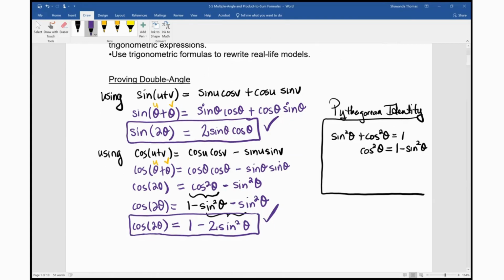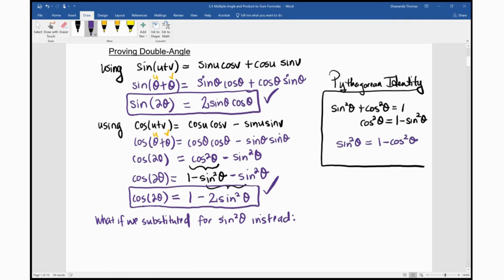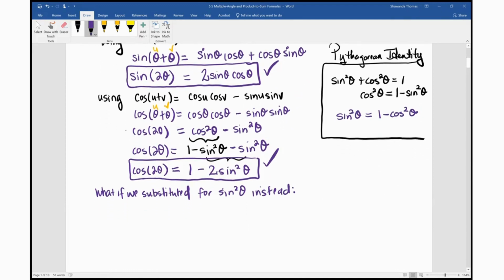All right. What if we substituted for sine squared theta instead? Let's see what we'll get. So we want just sine squared theta on one side, then we'll subtract cosine squared theta. So we started here. Rewrite cosine of 2 theta equals cosine squared theta minus sine squared theta.